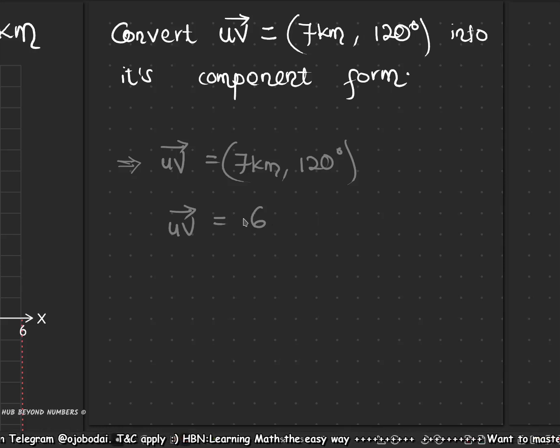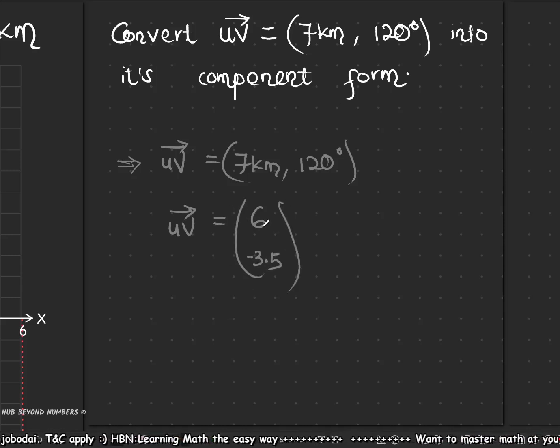Let me just write it in a column. So 6, negative 3.5. And this becomes our component form or column form.